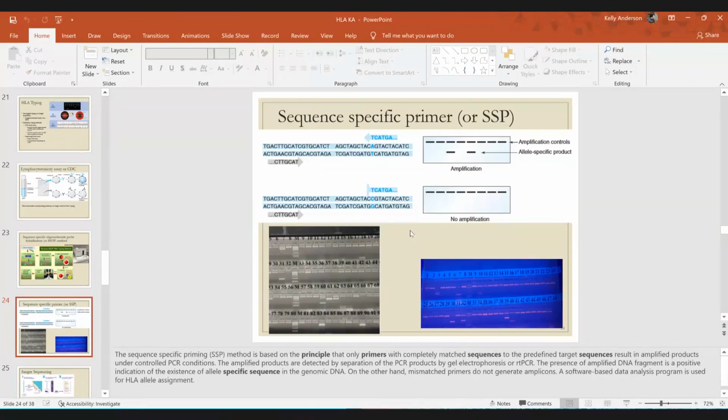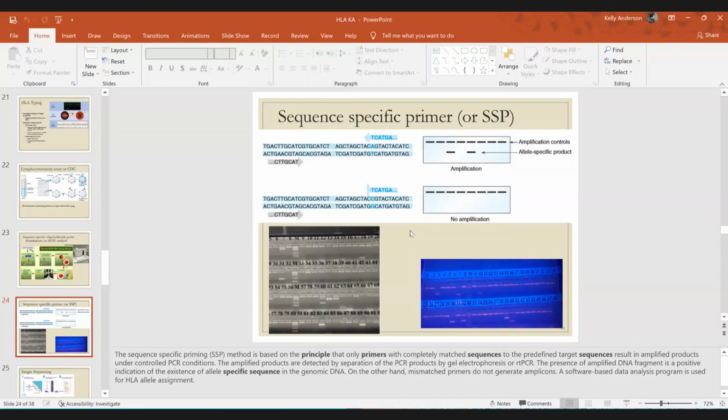Then we have sequence-specific primers. So these are typically run on gels. So you'll have like a 96 well plate and each well will have a primer in it. And then you'll add your patient's DNA to that plate and then do PCR.